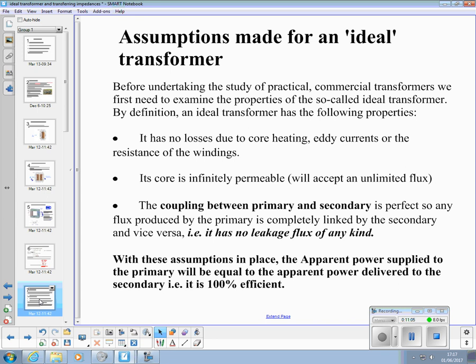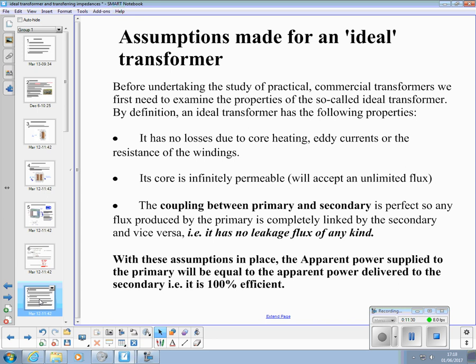And the magnetic coupling between the primary and secondary is perfect, so that all the flux produced by the primary is completely linked by the secondary, and the flux from the secondary is completely linked with the primary coil. No leakage at all. And in real terms, that's not possible either.